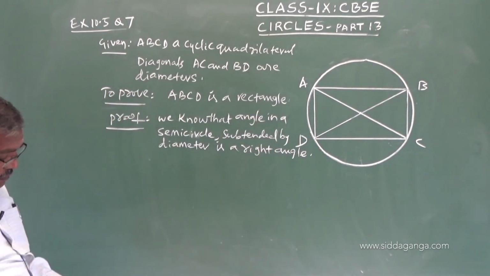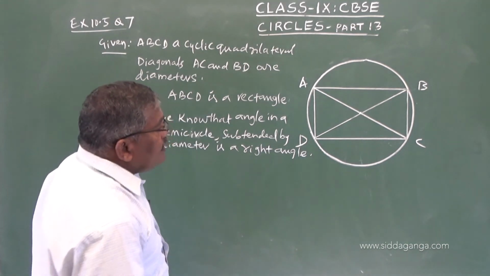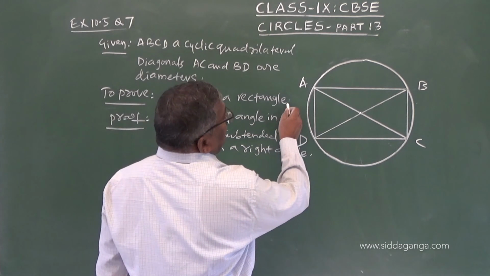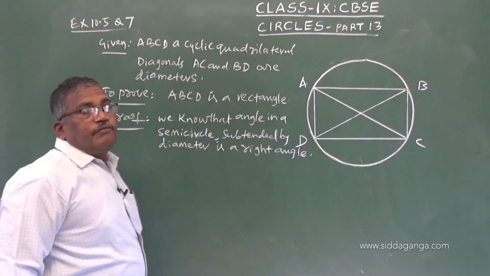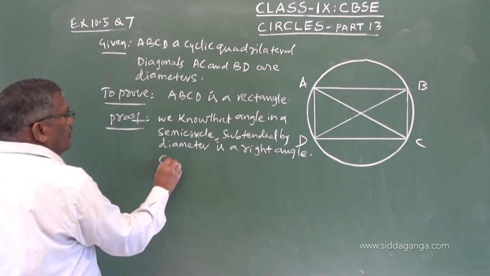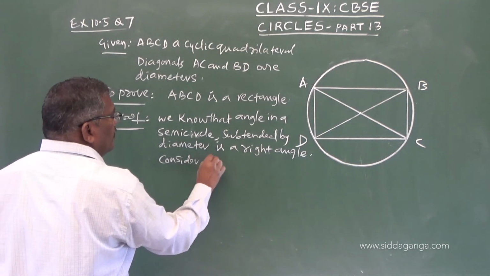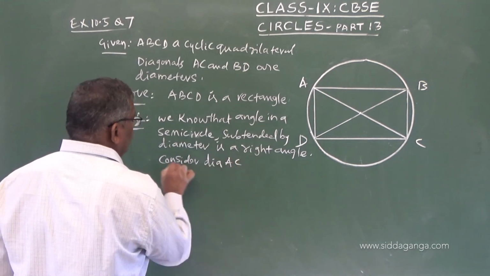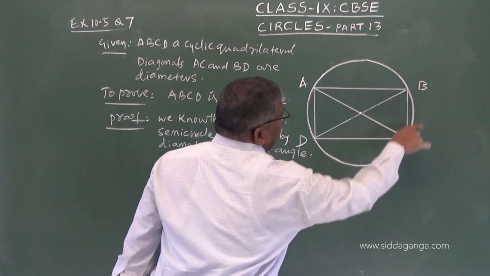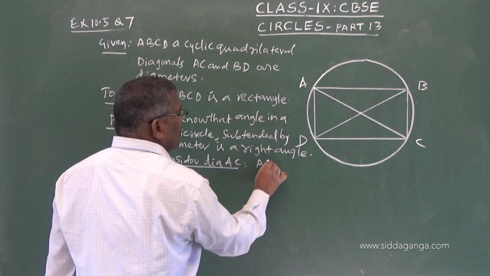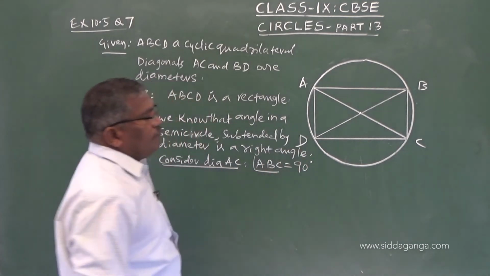So therefore, you observe this angle ABC. Consider diameter AC. If you consider diameter AC, angle ABC equals 90 degree.